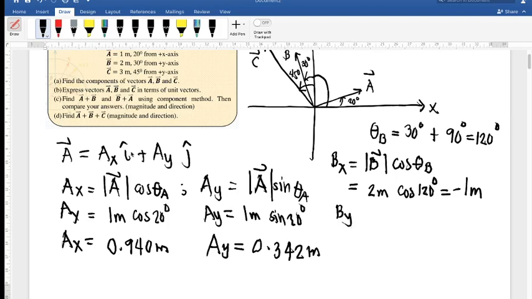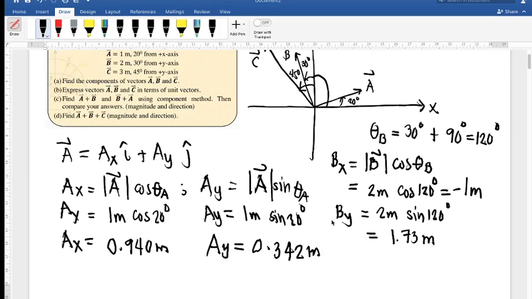Your By is the magnitude 2 meters tapos yung sine of 120 degrees, times 2, that is 1.73 approximately. So we have 1.73 meters. Okay? So ganun lang. So these are the components of vector B.